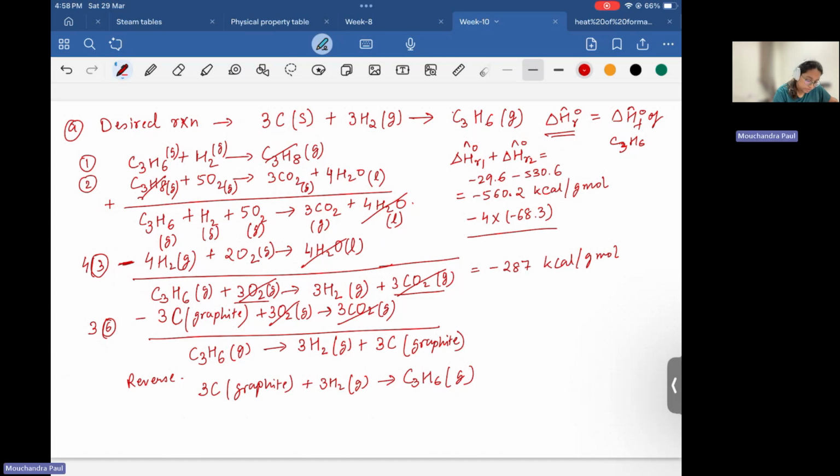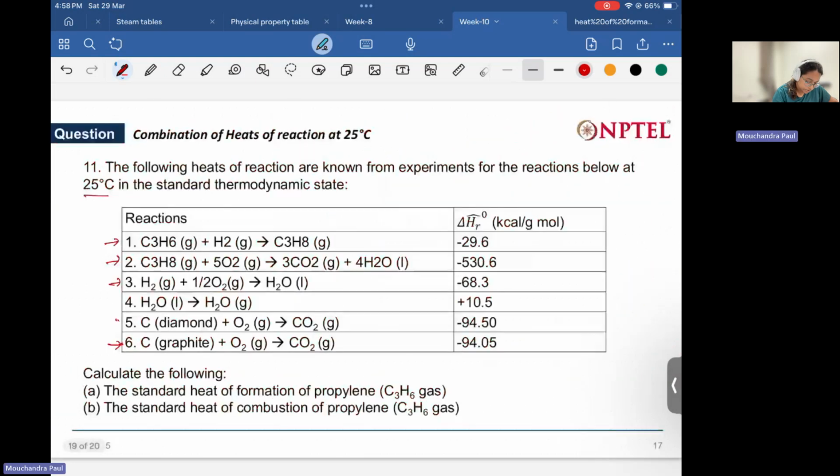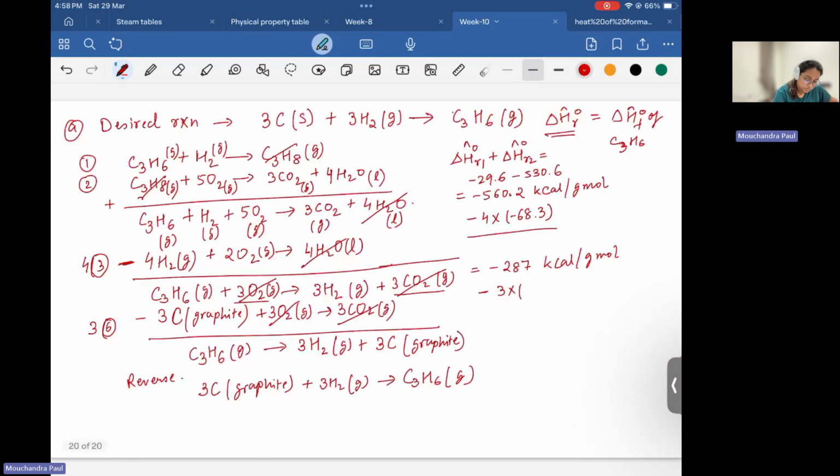From this, we subtracted 3 into the heat of the reaction of expression 6, which is minus 94.05.